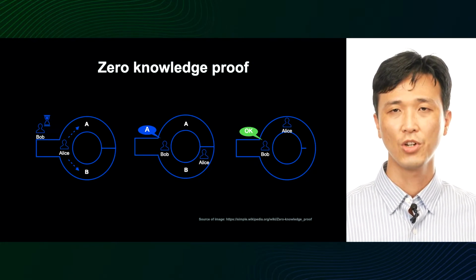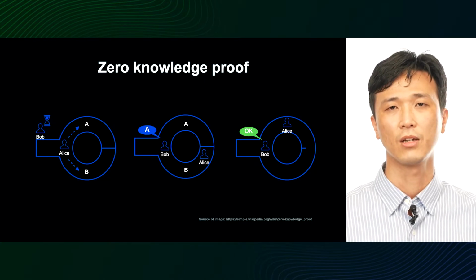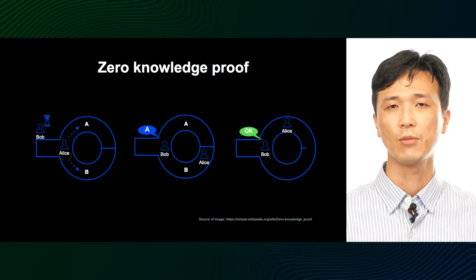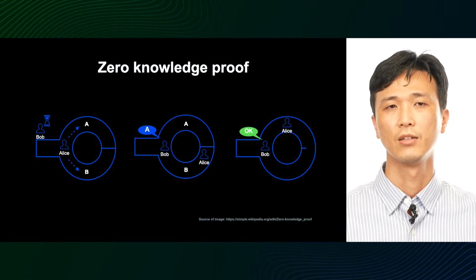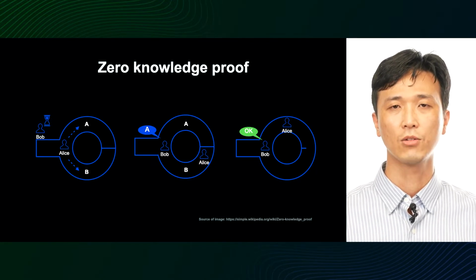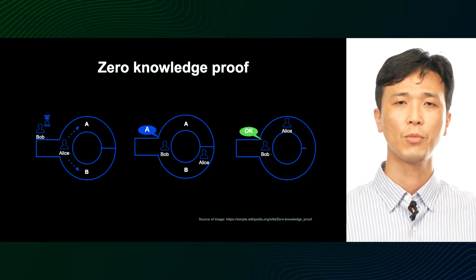I've briefly mentioned zero knowledge proof. Before I explain the implementation, let me talk a little bit more so that you can understand better. The most commonly used example when explaining zero knowledge proof is Ali Baba's cave. So you have this way to go to A or B, and this is blocked by a door.